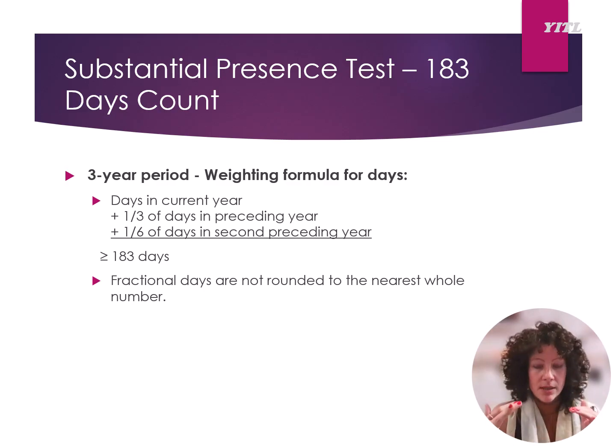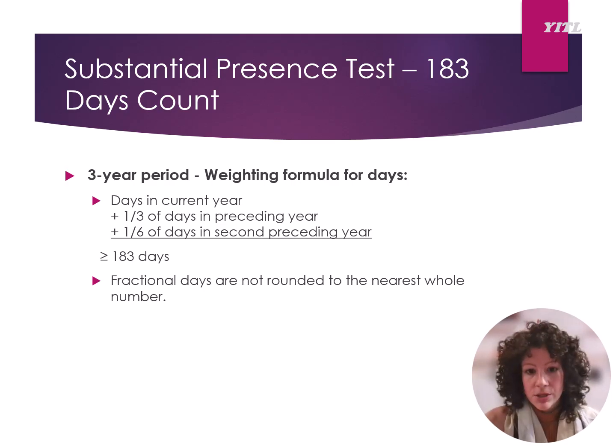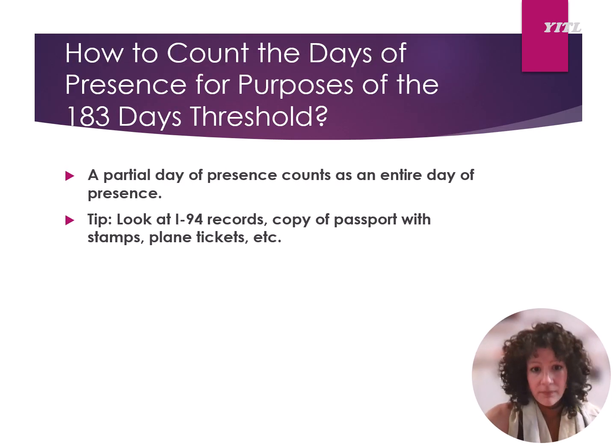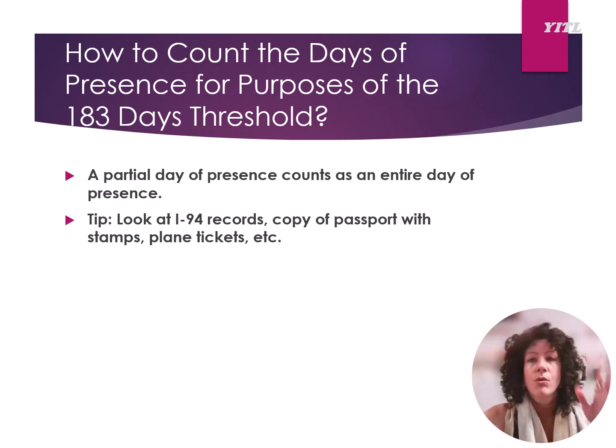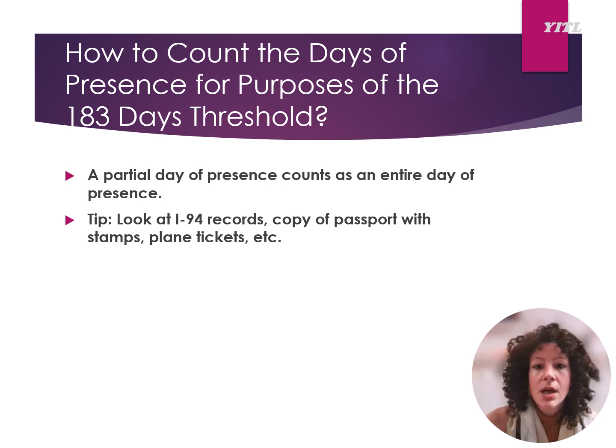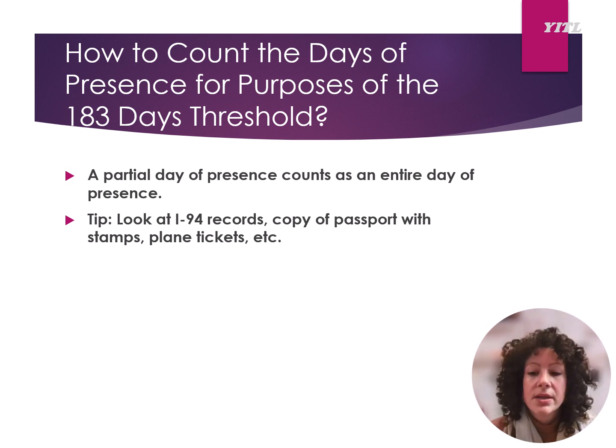You compute all these numbers, all these days, and if you're equal or above 183 days, plus 31 days in the current year, you're an income tax resident. Taxed worldwide, full disclosure obligation. Now, there's a lot of little details about these rules, but that's the overall logic of these rules. Now, what's important here is that a partial day of presence, even 1 hour in a day, is counted as an entire day.